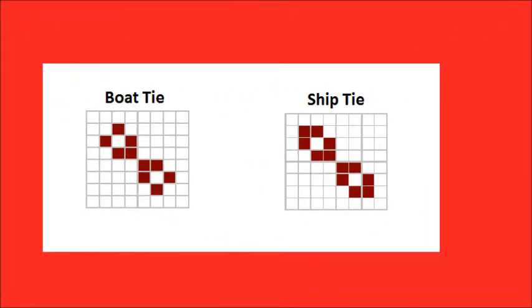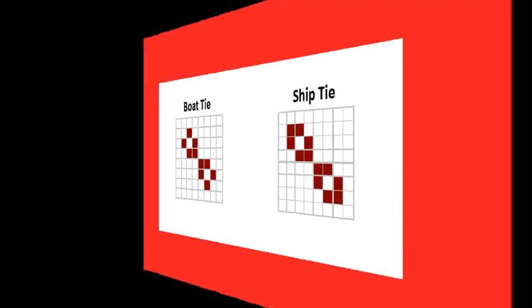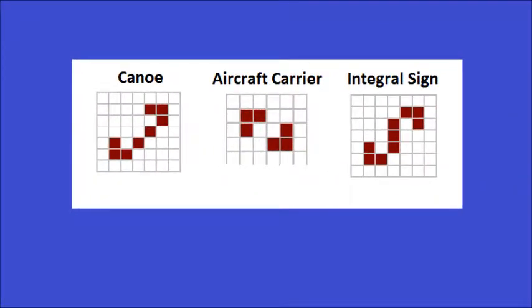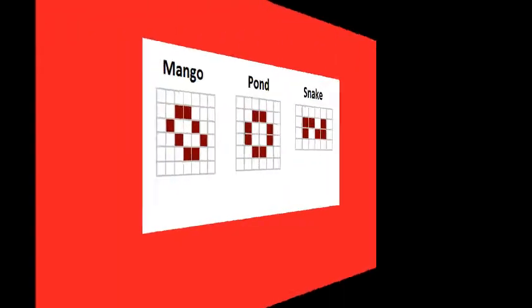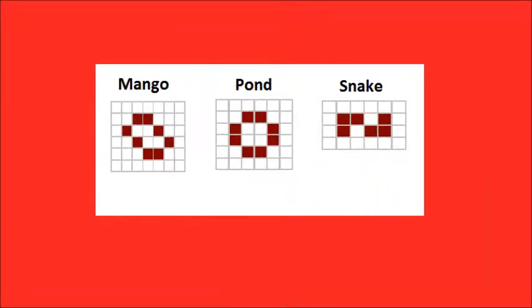Some other unique patterns include boat ties and ship ties, as well as other smaller patterns such as the canoe, the aircraft carrier, the integral sign, the mango, the pond, and the snake. Each of these cell formations will not be altered in any way with each generation to come.